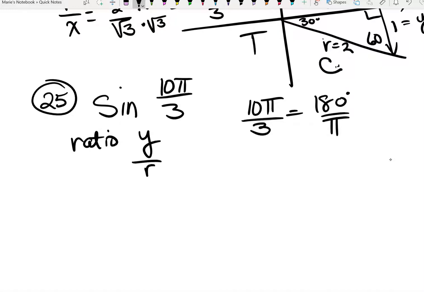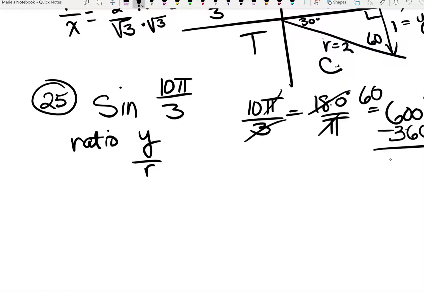So we know that this cancels with this. 3 goes into 180, 60 times, and 10 times 60 is 600 degrees. Now, that means that we know this goes at least one time around, right? So this is at least one round of 360.